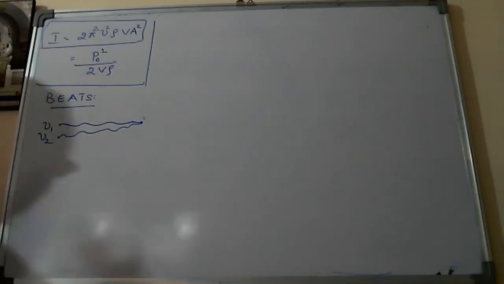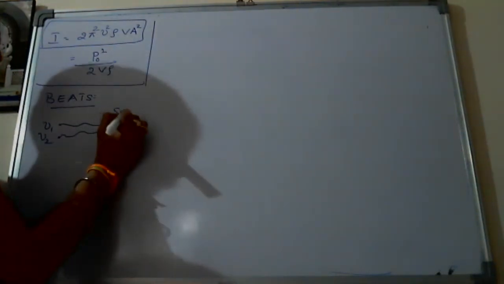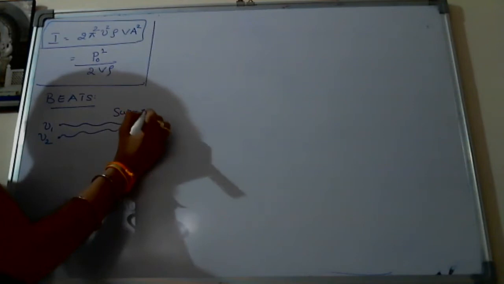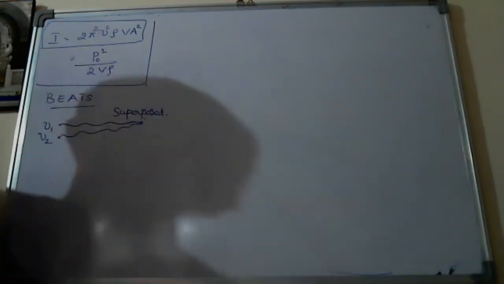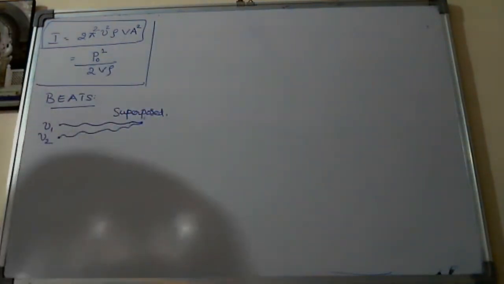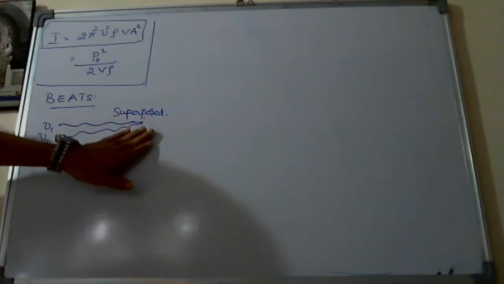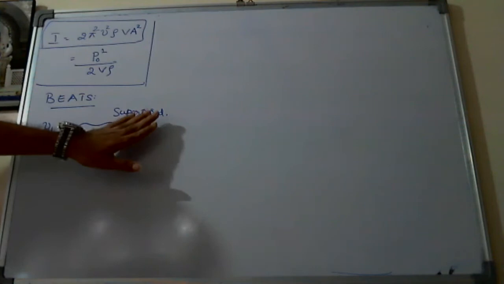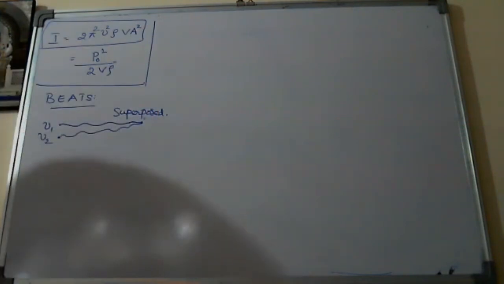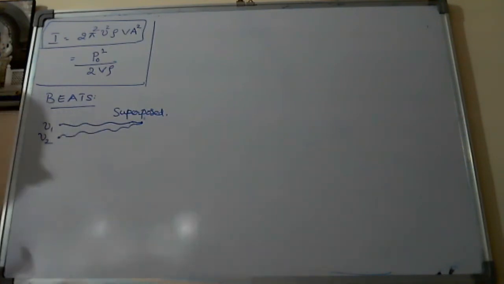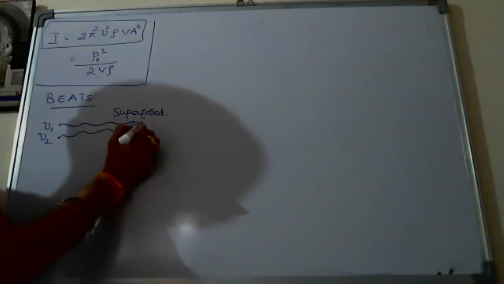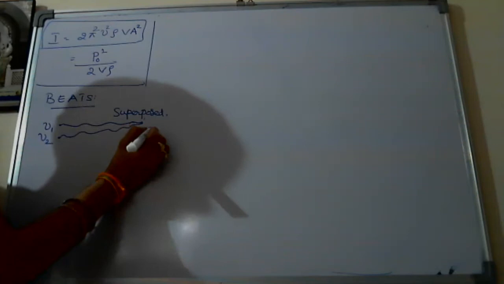So if the two waves superimpose here, then the resultant intensity or the resultant pressure or the resultant displacement, anyone, how does it change at that point, considering that point as x is equal to 0?